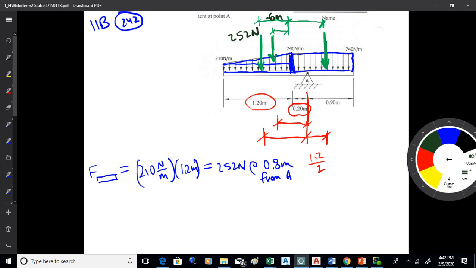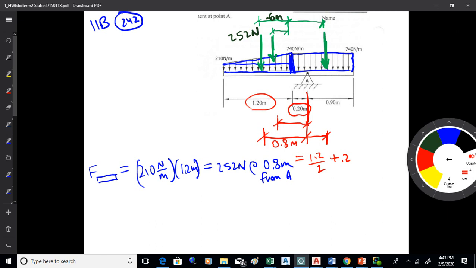But we're taking moments about A, which is 0.2 meters over from there, so you're going to have to add 0.2. And that's what 0.8 is. Half of 1.2 plus 0.2 meters more. That's how you get the distance from A.